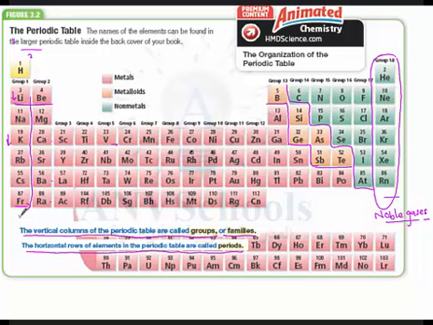The two sets of elements placed below the periodic table make up what we call the lanthanides and the actinides.